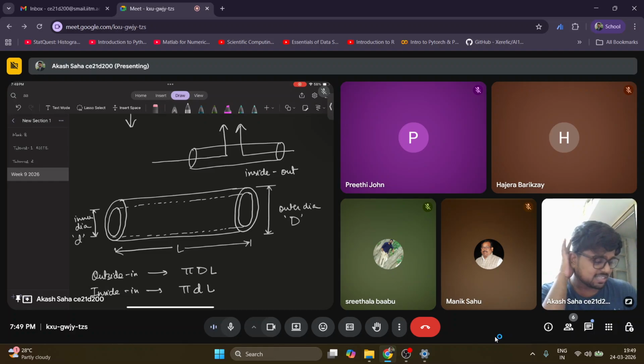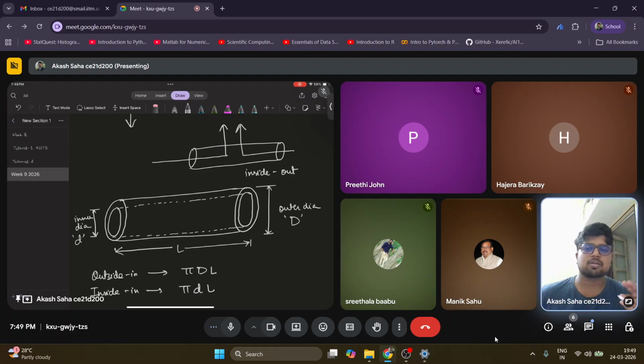So here the area of the circle will not come into the picture, because water is flowing through the membrane on the outer side. The entire surface area will be taken. These are basically called hollow fiber membranes.